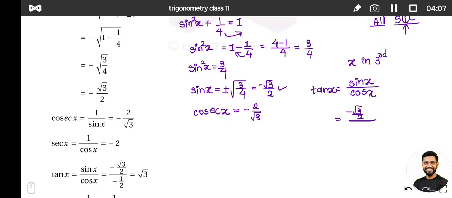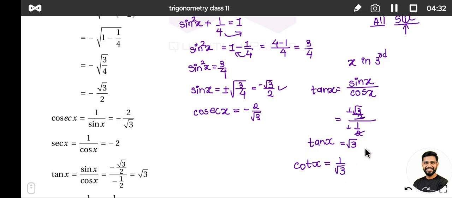So we substitute here, minus 1 upon 2. This denominator will get cancelled because it is the same, minus minus will get cancelled. So the answer is root 3. Tan x is equal to root 3. So if tan x is equal to root 3, then what is the reciprocal of tan x? Cot x. So cot x is nothing but the reciprocal of root 3, which is 1 over root 3.